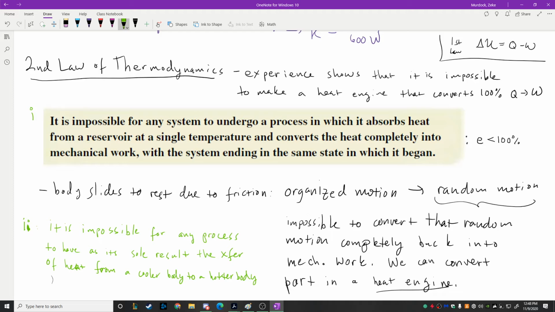This one is referred to as the refrigerator version, or the Clausius statement. I don't know why it's important to name these things, but I guess it is.